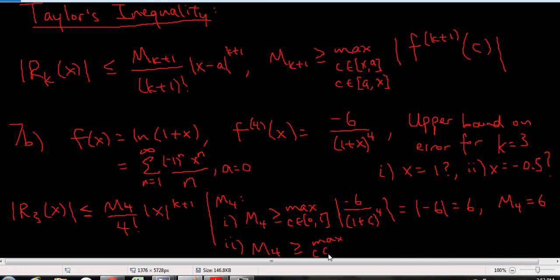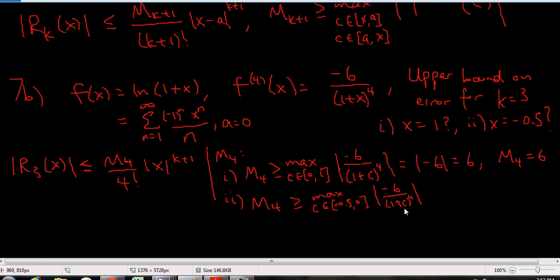So c belongs to negative 0.5 to 0 of the same thing, right? This is still the k plus 1 derivative evaluated at c, over 1 plus c to the 4. And in this case, again, we still want the denominator to be the smallest. So if the denominator is the smallest, well, I would plug back in c to be negative 0.5, right? Because that would give me the smallest denominator. So let's do that.